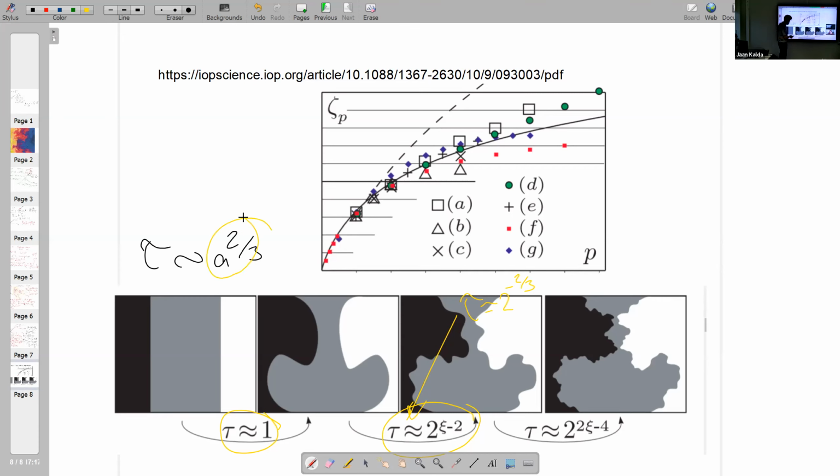If we had a vortex of scale unity, and here a vortex of scale 1/2, then 1/2 to the power of 2/3 makes it 2 to the power of minus 2/3. The next one has tau of 2 to the power of minus 4/3, and so on. You have a geometric progression.